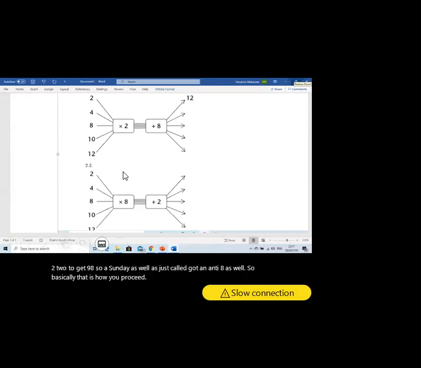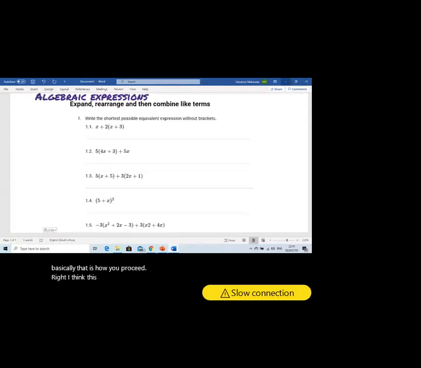Right, I think this brings us to the end of our flow diagram here. I wanted us to arrange these algebraic expressions in the past. And today, I want us to use these algebraic expressions to find the actual value of the expression when x is -5.